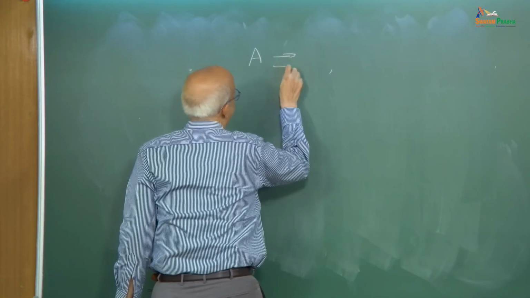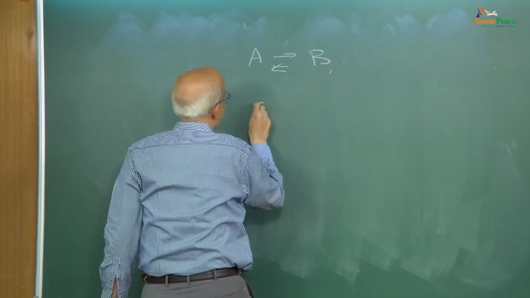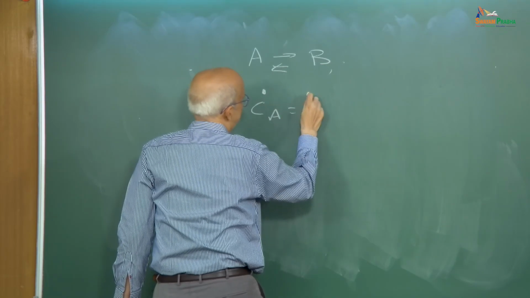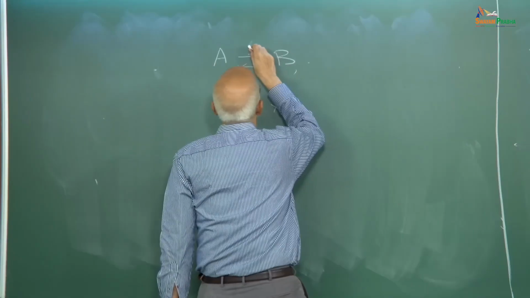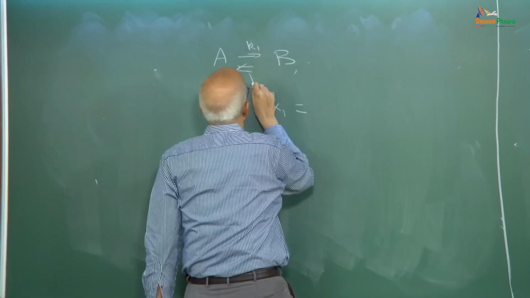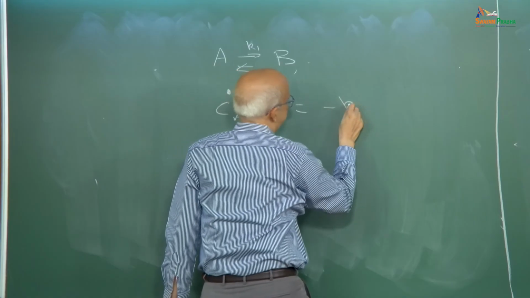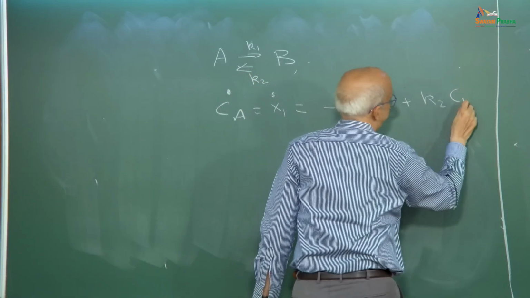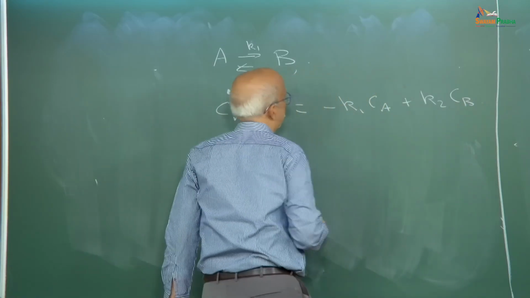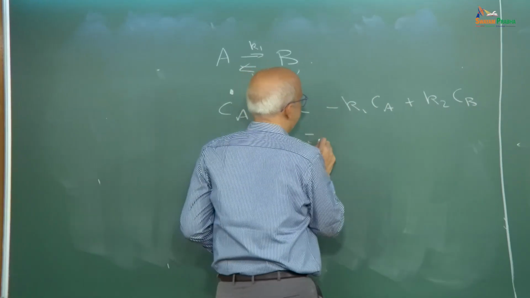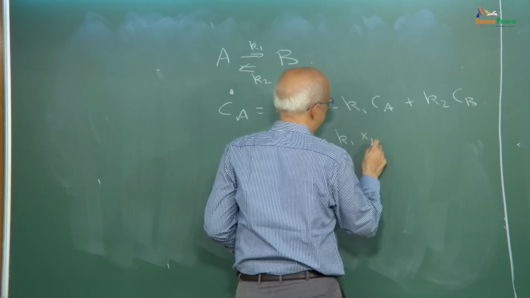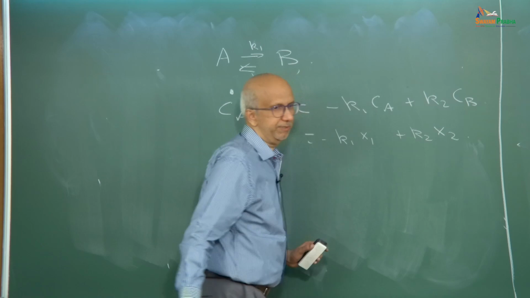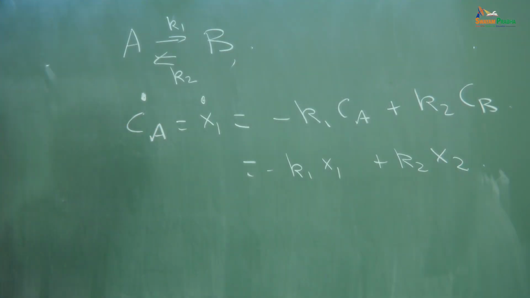Supposing you have A giving B. CA dot, which is x1 dot, is minus K1 CA plus K2 CB. So this is minus K1 x1 plus K2 x2, assuming CA is x1 and CB is x2.